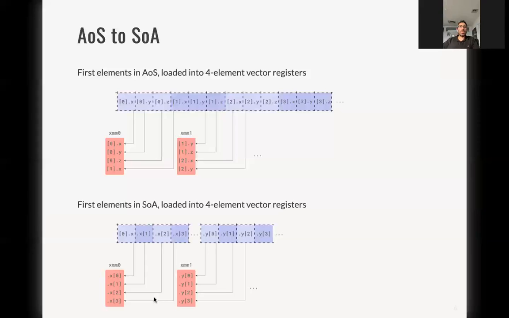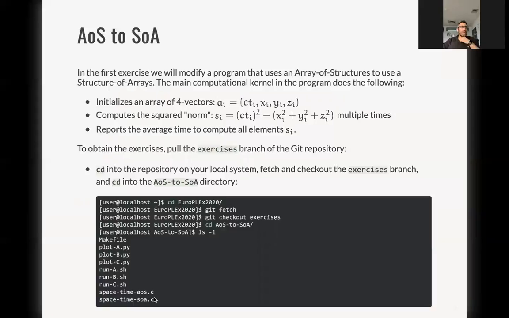Okay, so this is what I've set up for you to do in the first exercise, and I'll say a bit more specifically what you need to do. So if you go to the repository I gave you in order to check your installation, and you do a git fetch, then this will fetch the new branches.